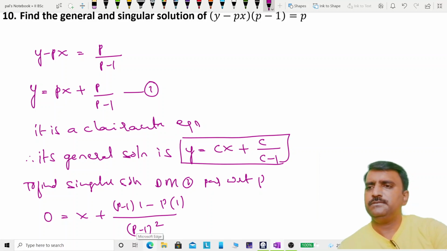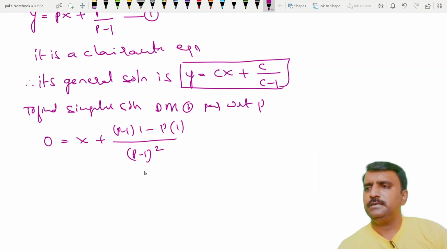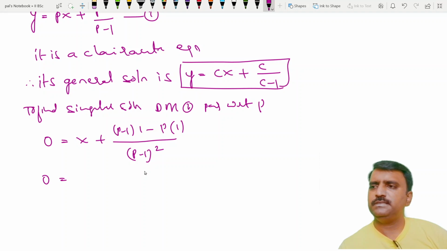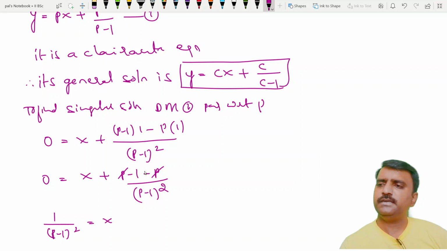So then it is 0 is equal to x plus (p minus 1 minus p) divided by (p minus 1) whole square. So now one of this p cancels. Take this term to the left hand side. So then it is 1 by (p minus 1) whole square is equal to x.